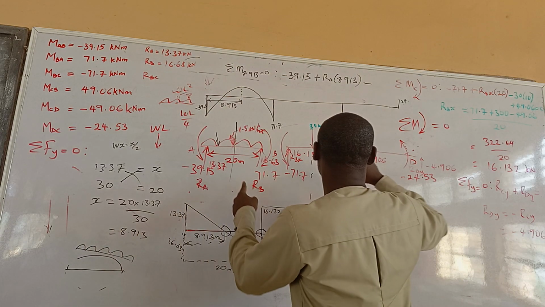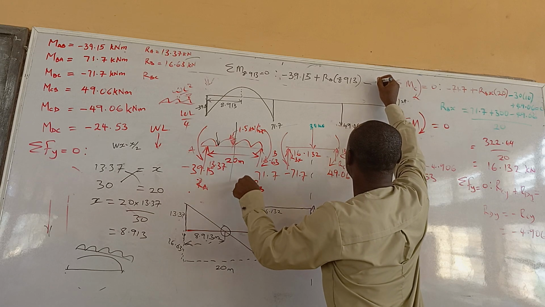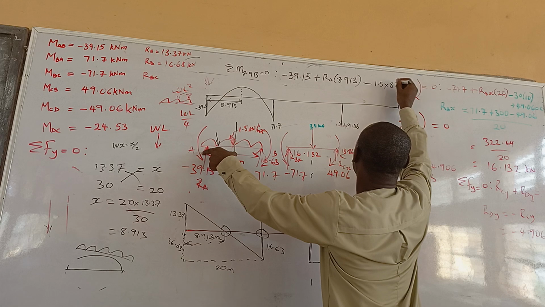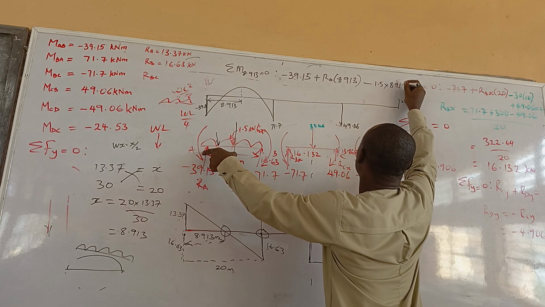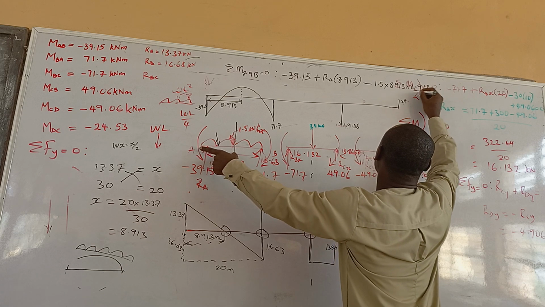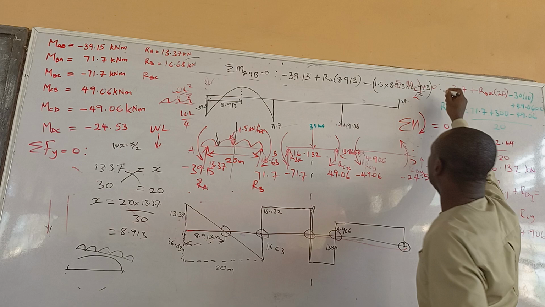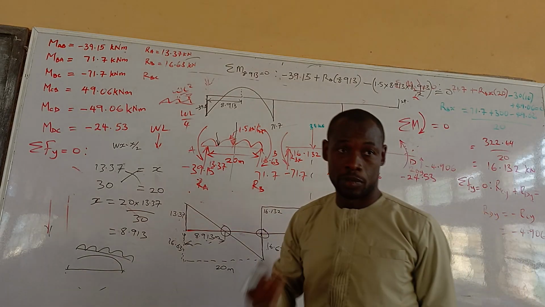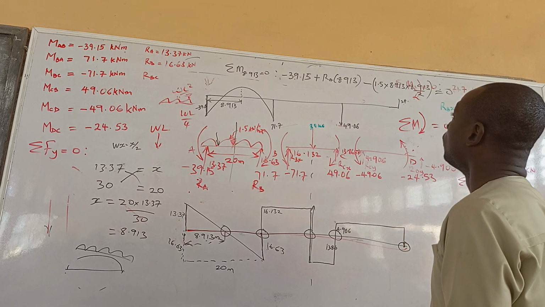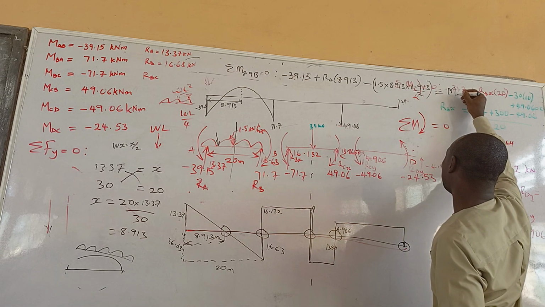So for this scenario, we have minus the UDL 1.5 times X, which is 8.913, times 8.913 over 2, equal to the moment at 8.913.